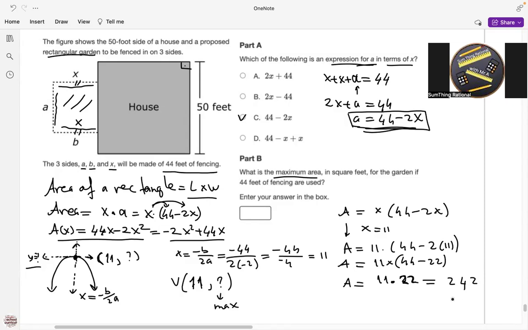So 242 square feet. 242 square feet is the maximum area of that rectangular garden. 242 occurs when x is 11. Here in this box, we will put 242 as the maximum area.